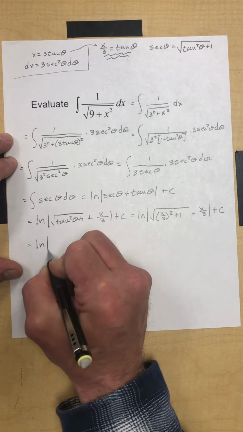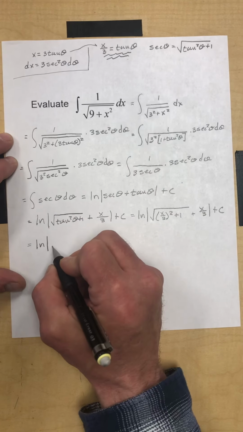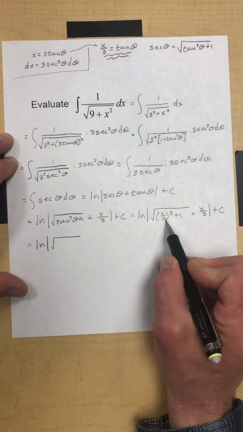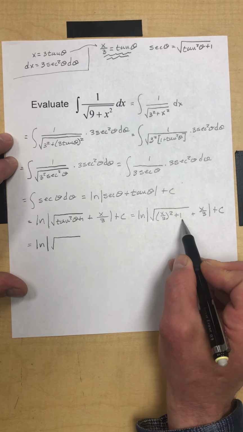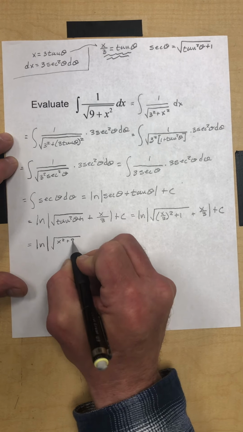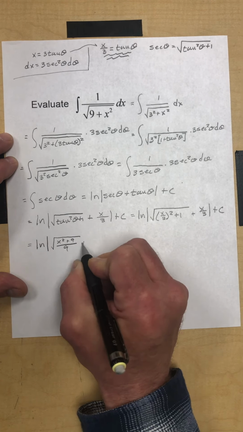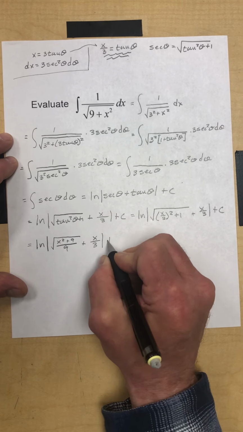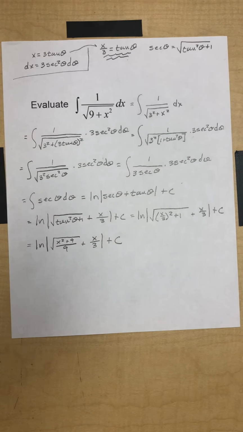Natural log of the absolute value. Let's see, this square root, well, that would be x squared over 9 plus 9 over 9. So it looks like I'm going to get x squared plus 9 all over 9, plus this x over 3, plus a constant of integration.